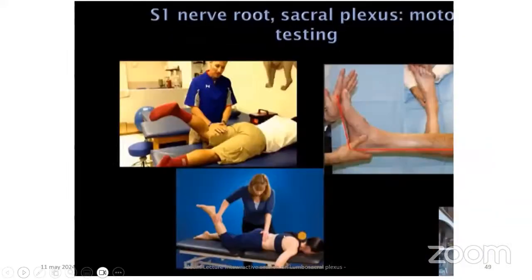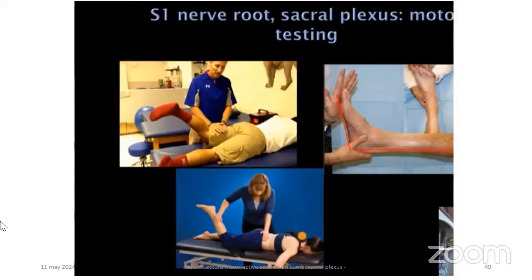And now we'll go on to the S1 nerve root. The S1 nerve root, as I said, is hip extension supplied by the gluteus maximus, inferior gluteal nerve, S1. So if hip extension is weak, it is no more a neuropathy. It is a radiculopathy. And also you can see the plantar flexion, which is by the gastrocnemius and soleus muscles, again L5, S1.